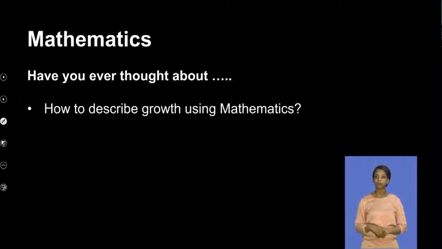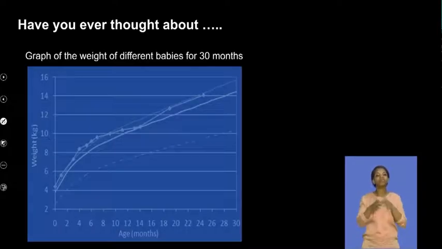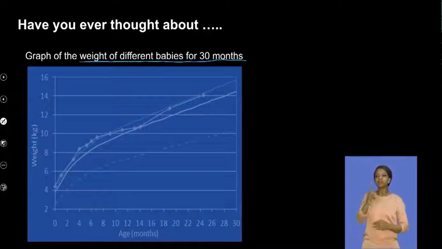Now, let's pin this down to what exactly we want to talk about: describing growth using mathematics. I want you to look at this particular graph that we have here. It shows the weight of different babies for 30 months. On the x-axis, I have the age in months, and on the y-axis, I have the weight in kgs. Over time, you can see that the baby will start with maybe a weight between 2 and 4 kgs.